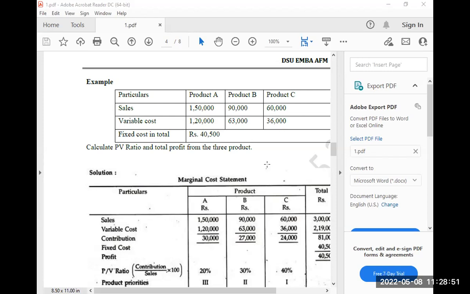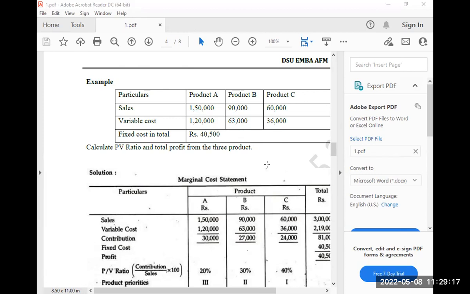So now how do you calculate profit? Profit is equal to contribution minus fixed cost. We have three products and we have contribution of three products. So add all the three products' contribution, total contribution. Next line, profit is equal to total contribution minus total fixed cost.